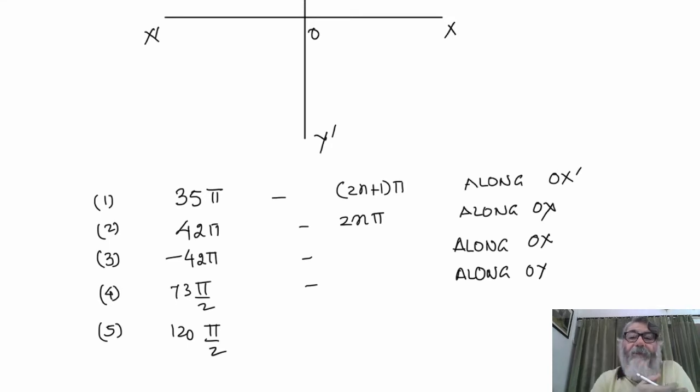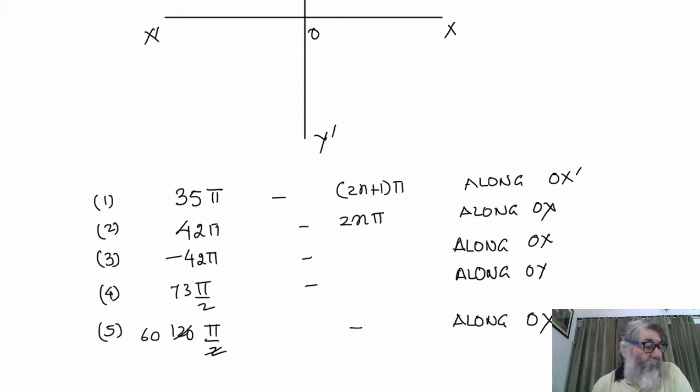If I get an even multiple of pi by 2, it will be divided by 2. Like a 2 will divide this, you will get 60 pi. 60 pi means it is an even multiple of pi. It will be along OX.